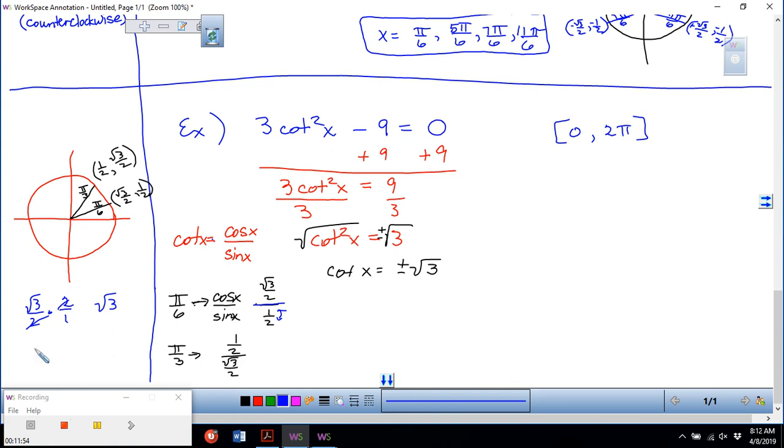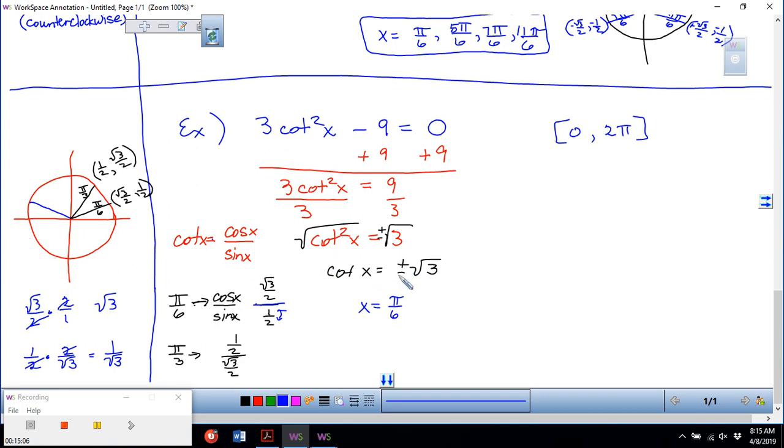If I had done pi over 3, I would end up with 1/2 times 2 over square root of 3, which then, before simplifying that further, I end up with the square root of 3 on the bottom, which is what I don't need. So pi over 6 is going to be our first solution. And then our other solutions will be at similar locations with the same reference angle in the other quadrants.